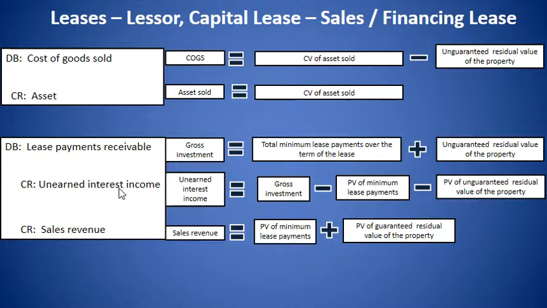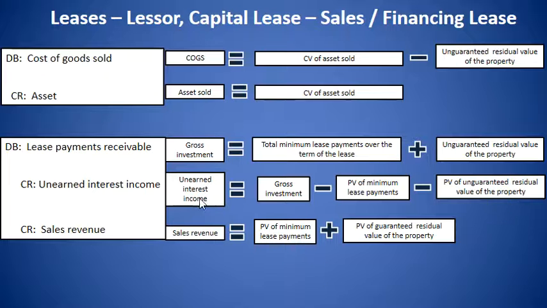Our credit then will be our unearned interest income, which will be our gross investment, which we just previously calculated, minus the present value of our minimum lease payments, minus any present value of an unguaranteed residual value of the property.